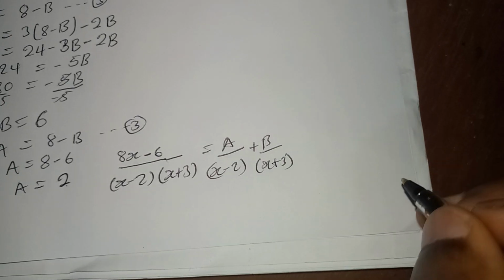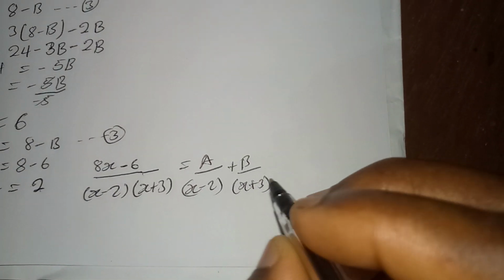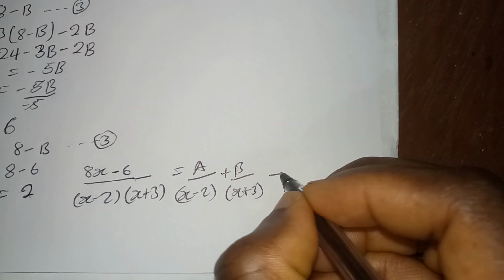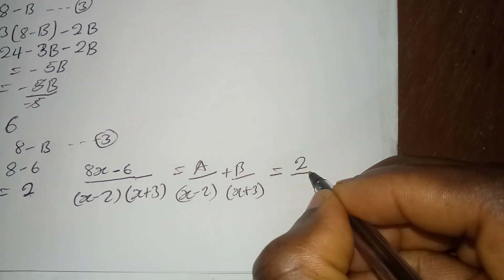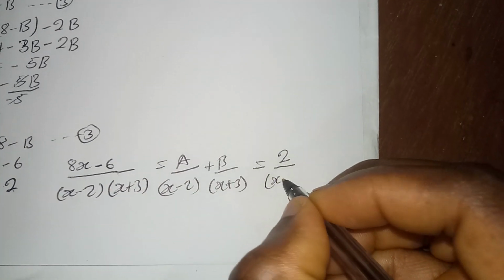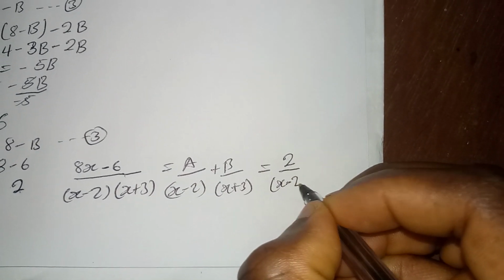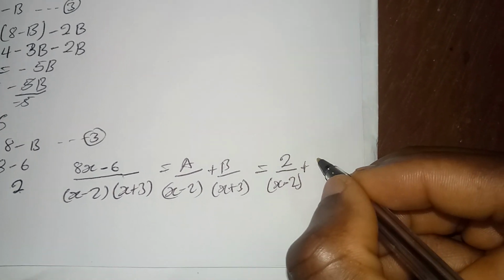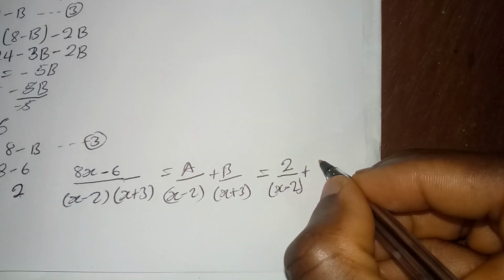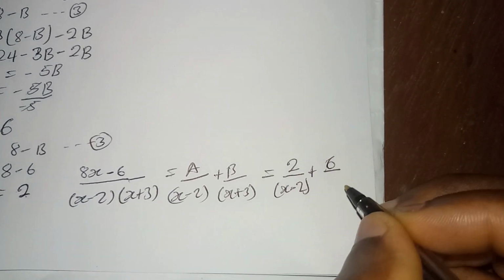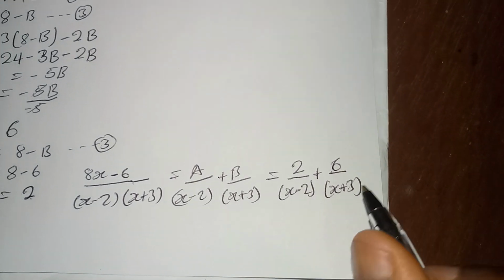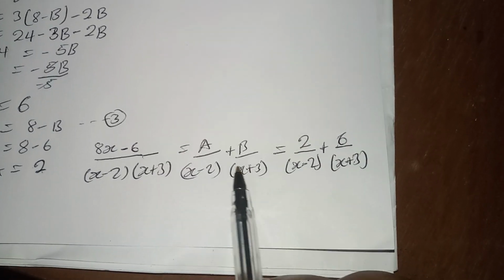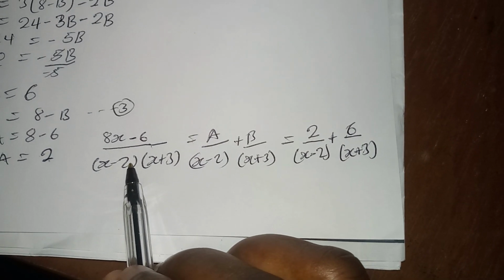By replacing A and B with the values we found, A is 2, so that will be 2 over x minus 2, plus B is 6 over x plus 3. So this is the answer to this particular question.